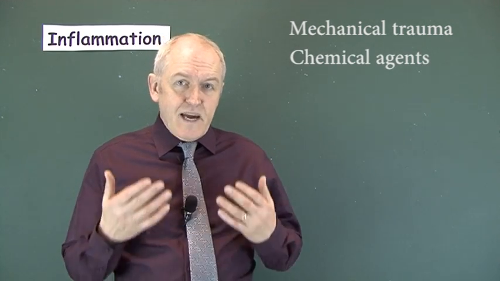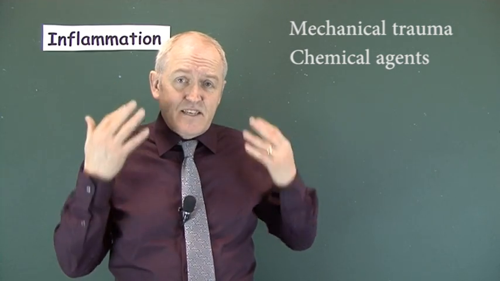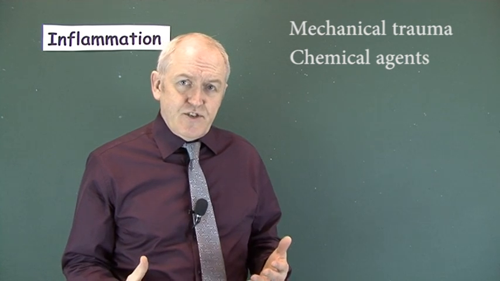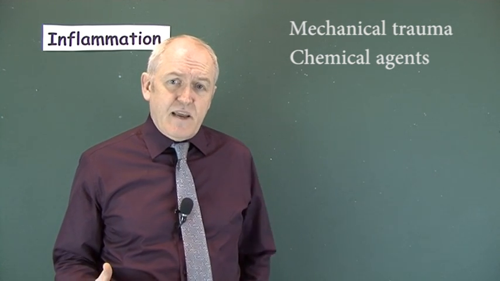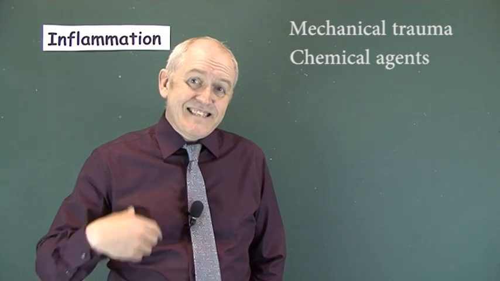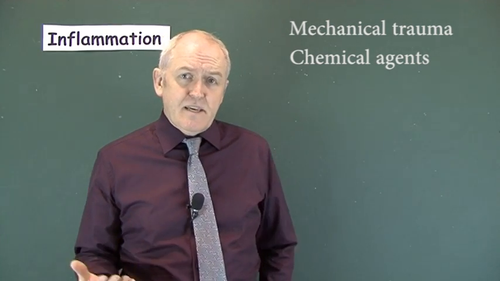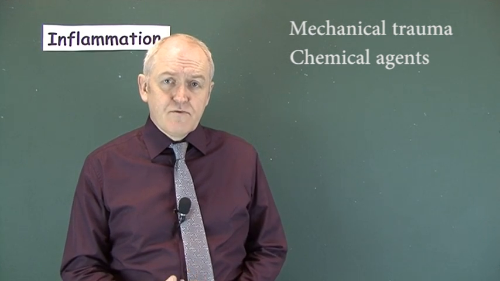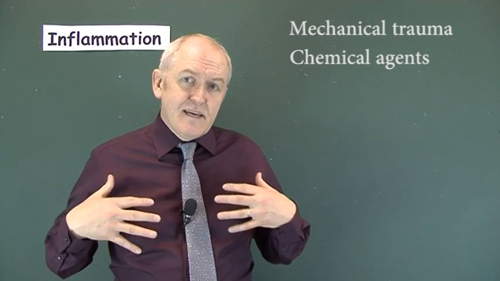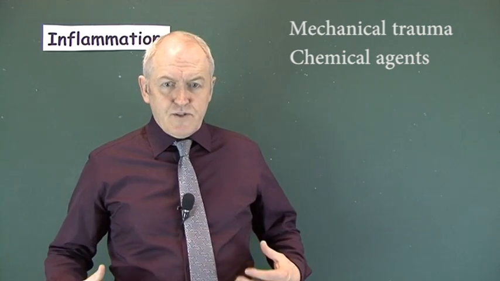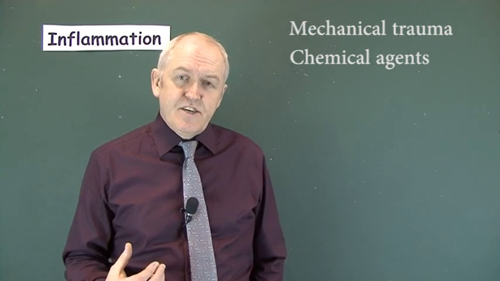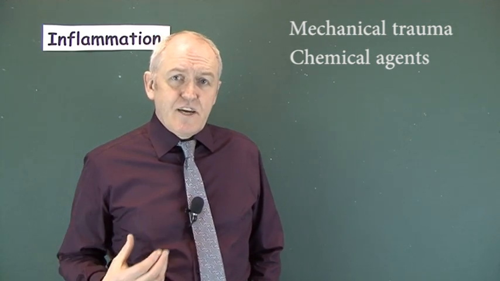So for example, if you get alkalines or acids in your eyes or on the surface of your skin, that's going to damage the tissues, therefore there will be an inflammatory response. Or maybe you've had heartburn where you've got acid reflux. If that's bad enough, it's called gastroesophageal reflux disease and can cause ongoing inflammation inside the esophagus because of the acids in the stomach, the hydrochloric acid and the pepsin, the digestive enzymes, causing irritation in the esophagus.